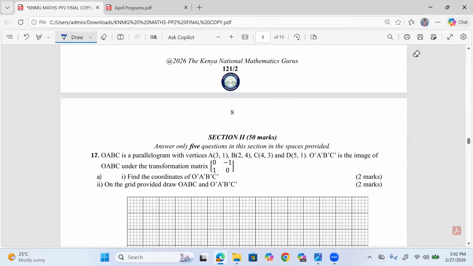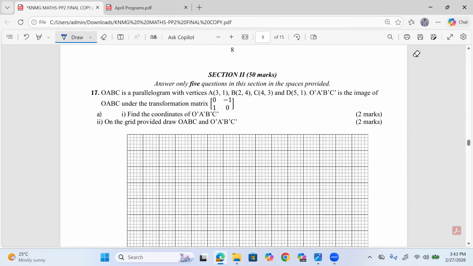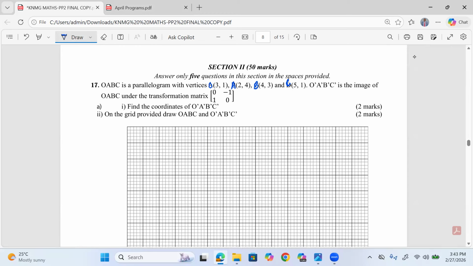Number 17. We are told that OABC is a parallelogram with vertices. You can see the vertices stated there. I think there is a typing error. This is supposed to be our O, then A, B, C. We don't have any D anywhere.